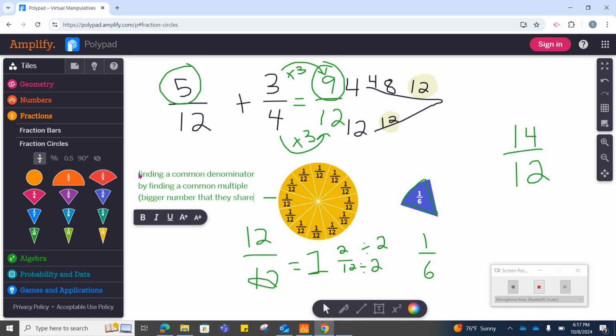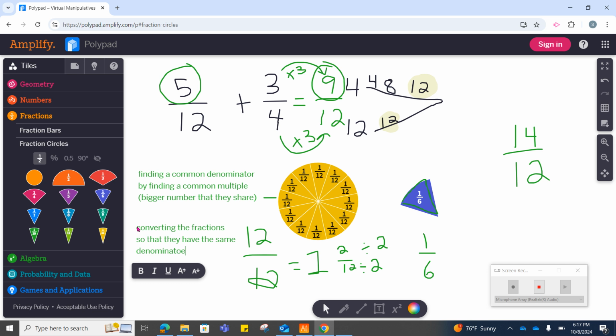The multiples of 4 are things like 4, 8, and 12. Then, after we do that, we are converting the fractions so that they have the same denominator. And for that denominator, we're going to use the multiple that we found in our chart. Okay? Then you're going to add the top, add the numerator, which is the top.